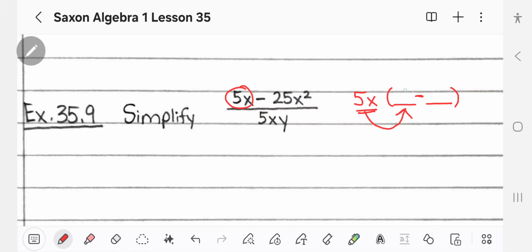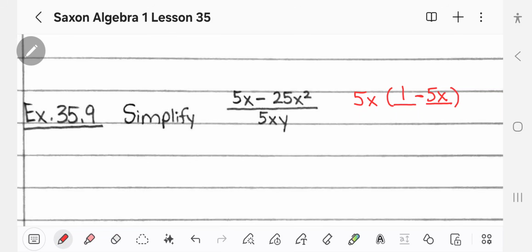What do I put there? Well, 5x times 1 would give me 5x. All righty. 5x times something is going to give me 25x squared. Well, 5 times 5 is 25, and x times x is x squared.